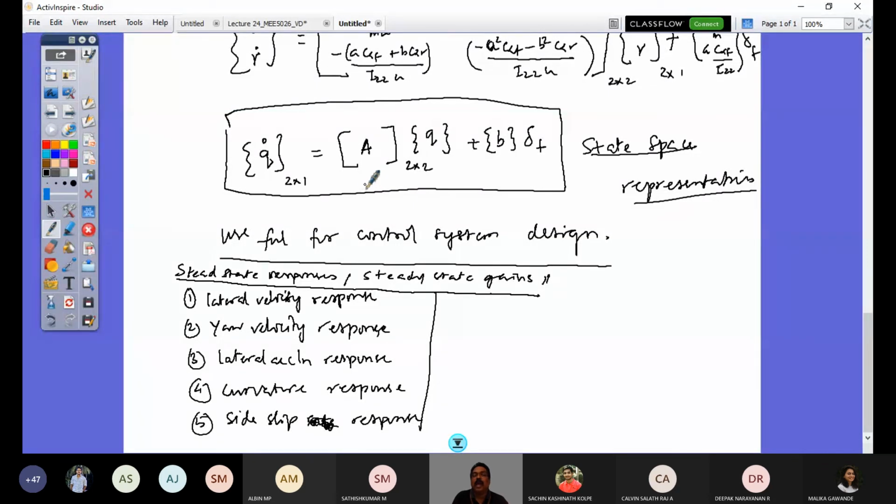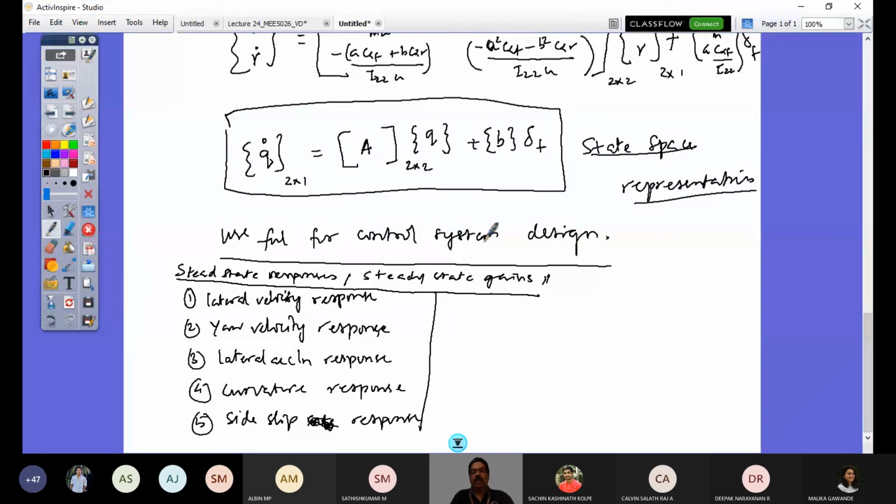For that, I need to make my input equal to 0. When I make my input equal to 0, then it is a free response study, so I would check whether equilibrium is ensured or not. To do stability analysis, you would ensure that the steering inputs are 0, and then go for analyzing it. So you see that this state space representation is quite a useful form.